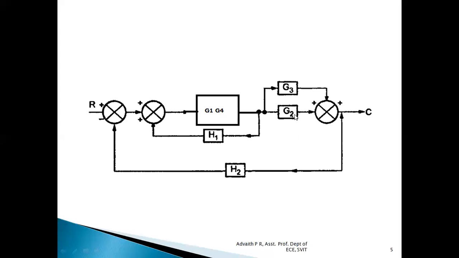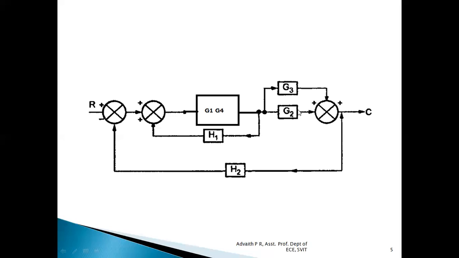Similarly, if we observe, block G2 and block G3 are connected in parallel. The signal is getting diverted here. When the signal is getting diverted, it means the signal traveling through G2 and G3 is completely different. When the signal between two blocks is not the same, those two blocks are connected in parallel. We have a positive sign at the summing point, which indicates that we have to algebraically add these two blocks.